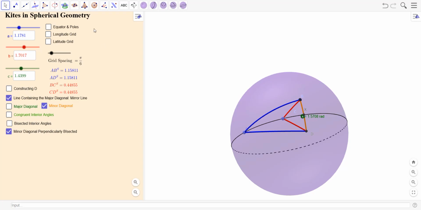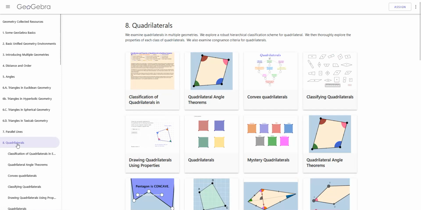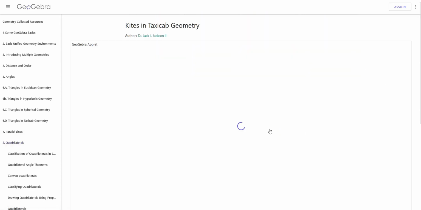How about taxicab geometry? What do you think? Well, by this point, you should already have a suspicion because we don't necessarily get the same congruence properties, right?